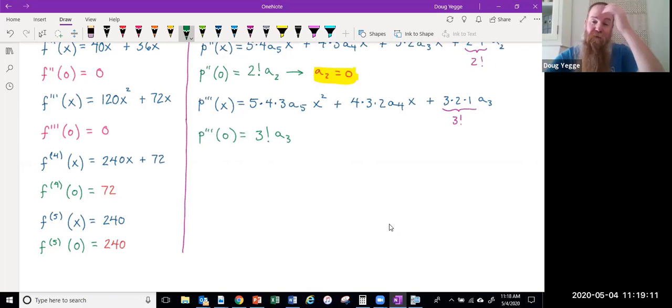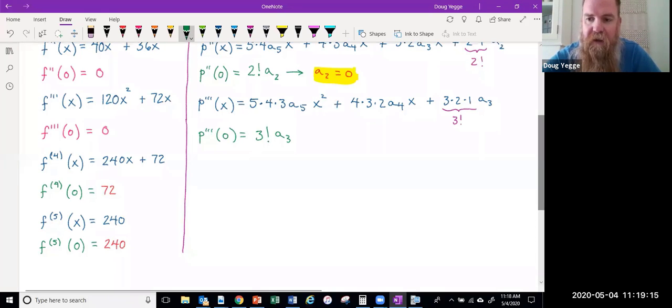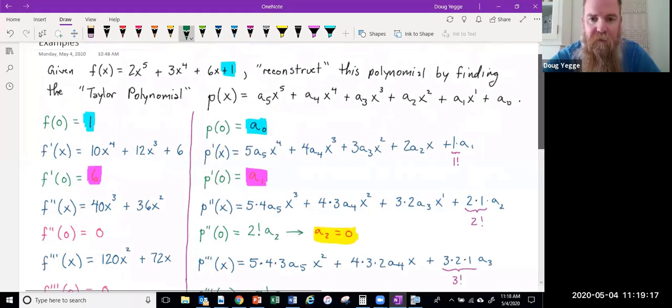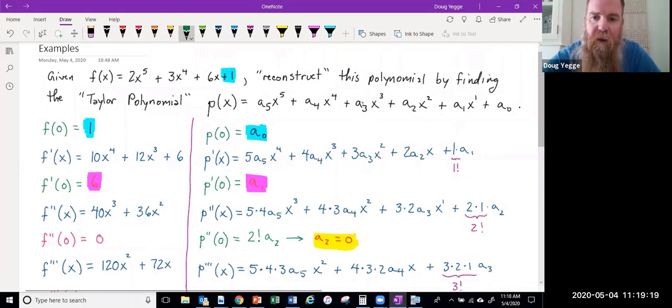So I hope that what you're recognizing here is that in order to find each of these particular values, all I'm doing is recognizing that the unknown quantities are a factorial multiplier of whatever the actual value is.